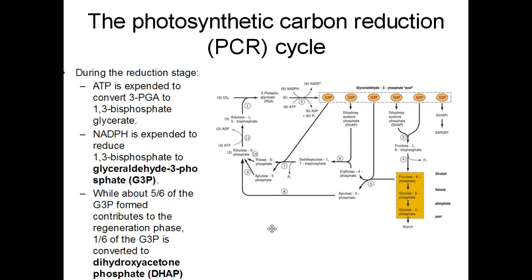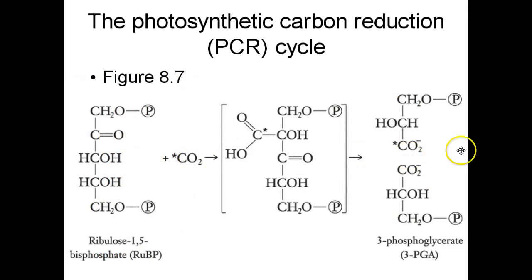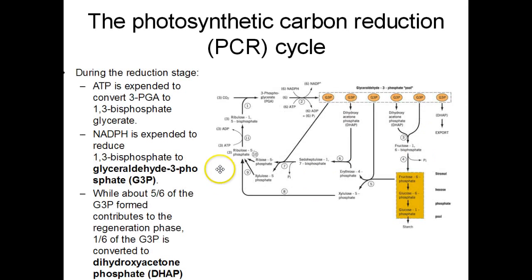Then in the next phase, you don't need to worry about these intermediates other than that they are used to reduce these compounds, okay? And if you're familiar with dihydroxyacetone phosphate, we're going to be talking about that a little bit later, and glyceraldehyde 3-phosphate.